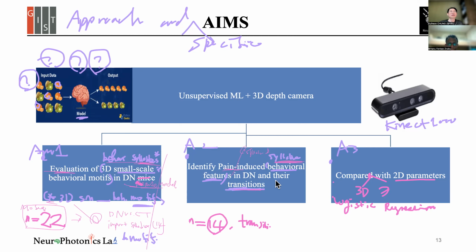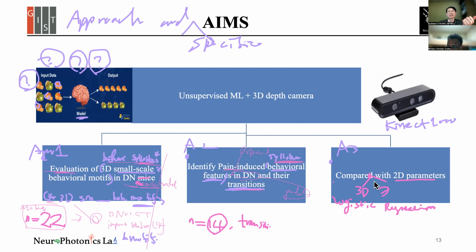And their transition, like nobody understands when I read it, syllable transition, what? Identify pain-induced syllables and their transitions in the DN model. Make sense?